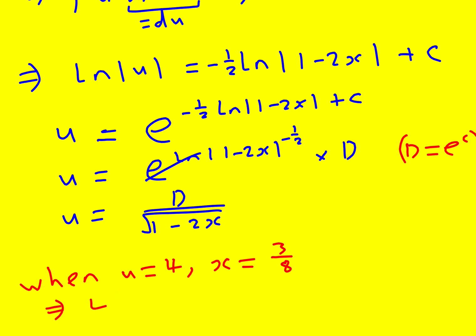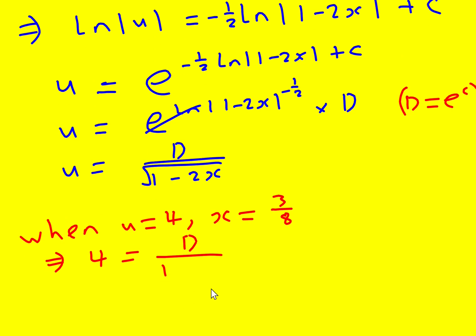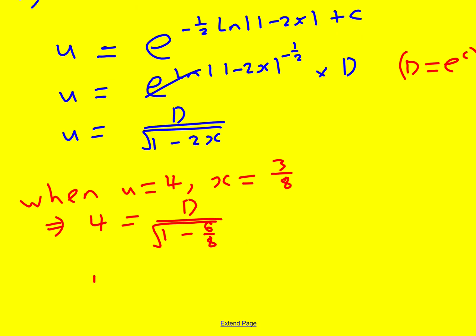So we're going to get that 4 is equal to d over the square root of 1 minus 6 over 8. That's going to give me 2 over 8 or a quarter. I'm square rooting a quarter.